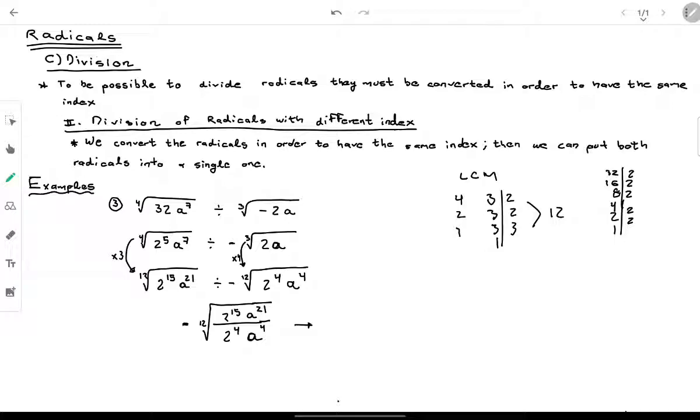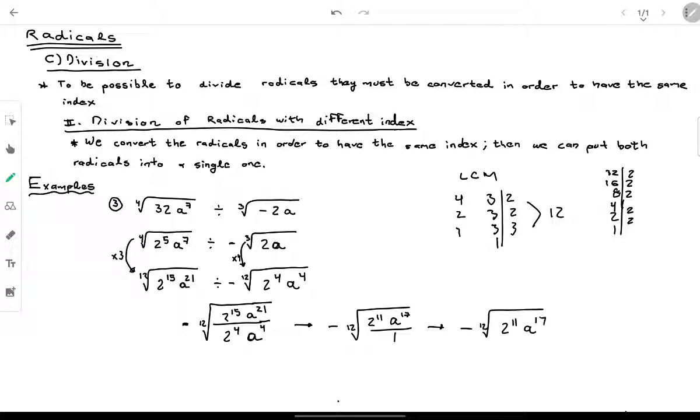It's going to be minus, and we will have the 12th root of 2 to the 11, a to the 17. The bottom is a 1, so it's going to be minus the 12th root of 2 to the 11, a to the 17.